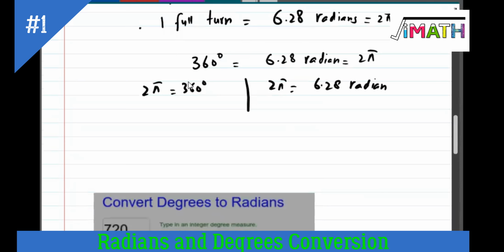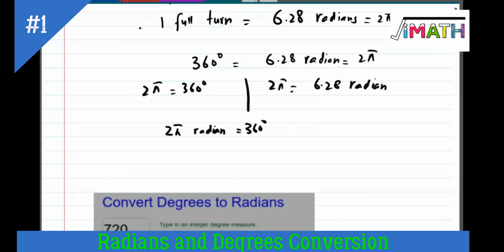So 2 pi radians, the complete revolution, equals 360.